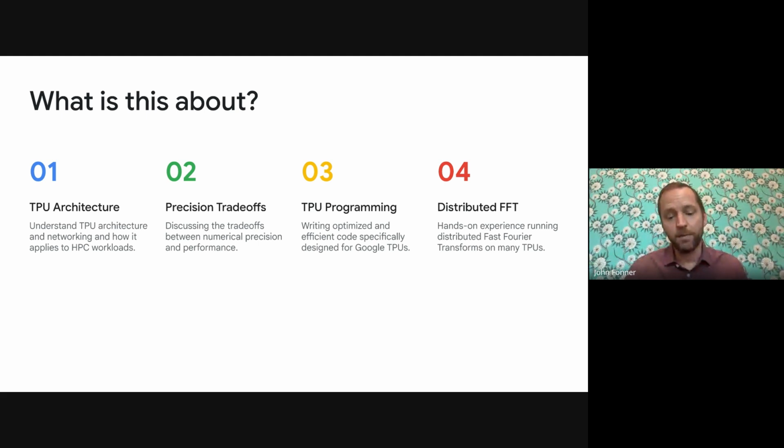I'll talk about programming and how we get our ideas and code on a TPU. And then we're going to work on a hands-on example that I will share with you all on distributed fast Fourier transforms. If you don't know what that is, no worries. I'll give a high-level explanation. But it's an opportunity to see everything come together, to have code that's running on multiple TPUs, that is solving a problem that is not AI specific.